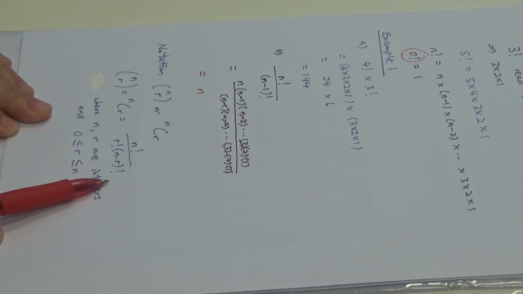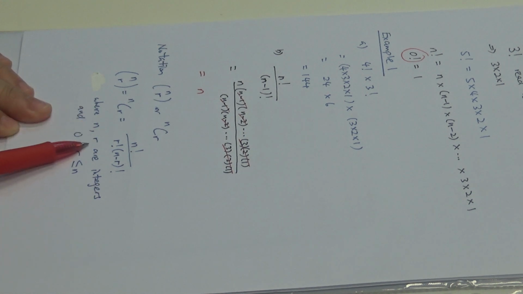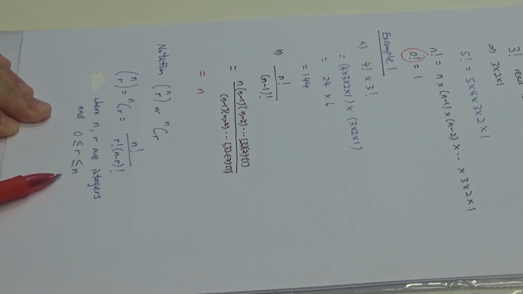This formula is given on page 138, where n and r are integers and r is between 0 and n, inclusive of 0 and n.